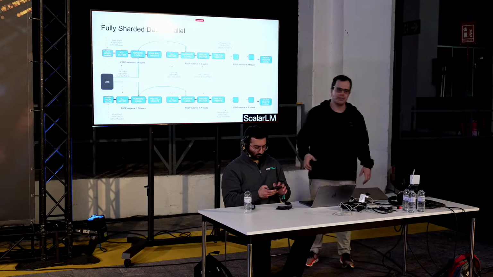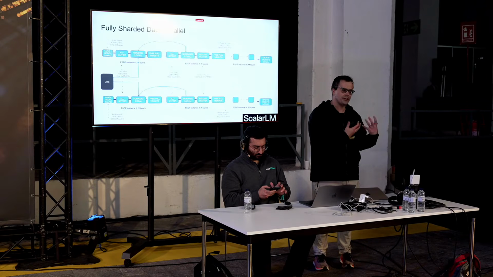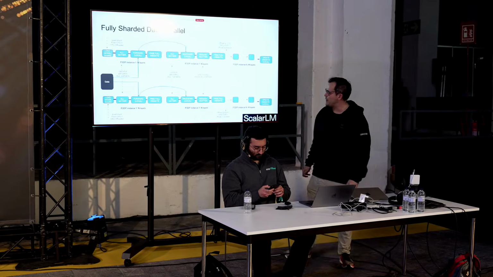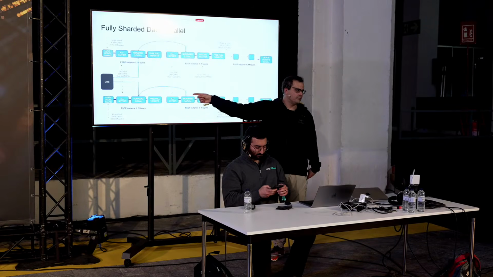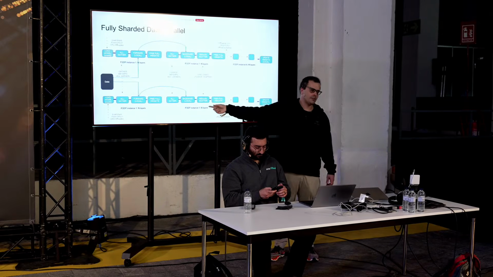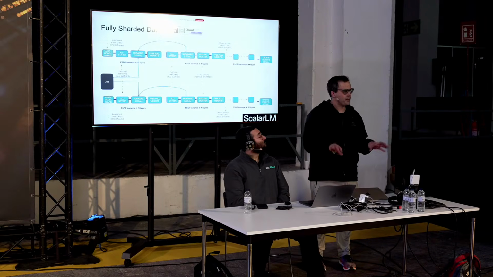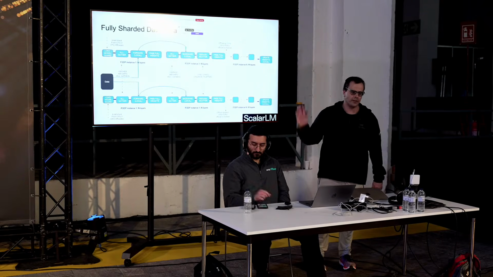Oftentimes you get a model that doesn't quite fit, or a model with a particular change in architecture, like mixture of experts using a particular way of activating the experts, and you have the question of which weight should I gather? It's not the same answer for every model, and it's not the same answer for every machine. We'll look at some of the programming abstractions you have to deal with this, but you do have to understand this stuff and be able to move these things around if you want to train a model like this.